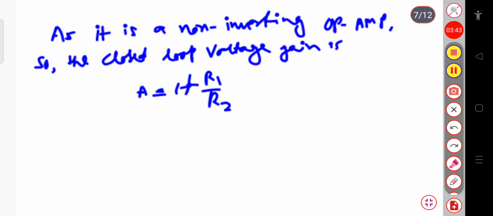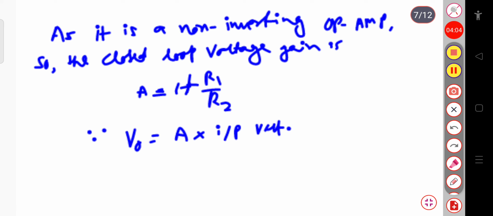And also since the output voltage is equal to the voltage gain into the input voltage, because the voltage gain is equal to output voltage divided by input voltage, we can write the output voltage V0 equal to A into the input voltage.